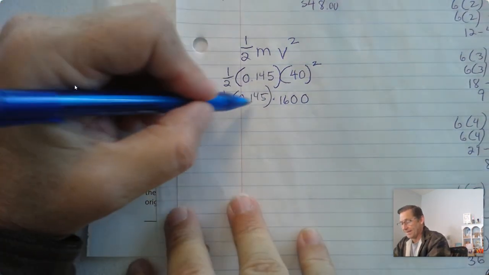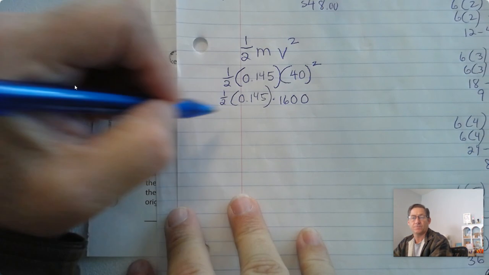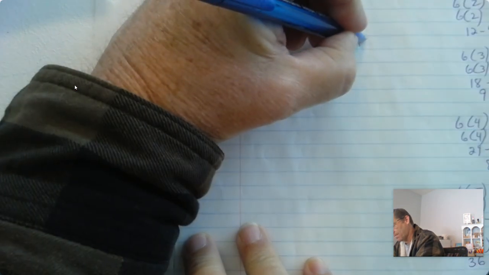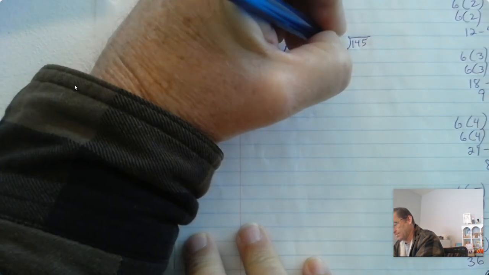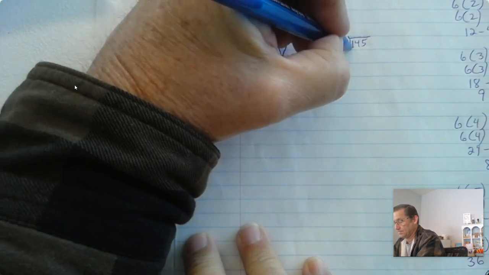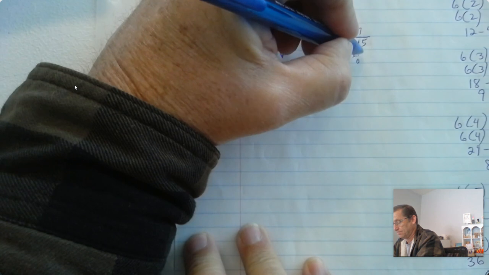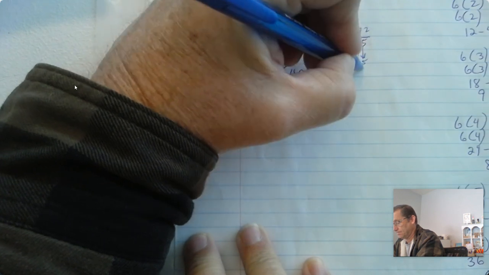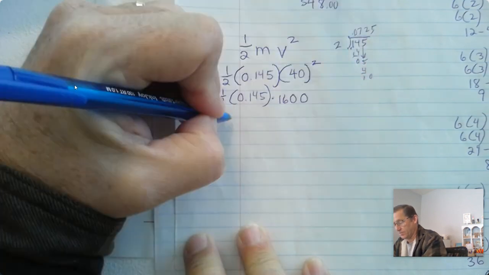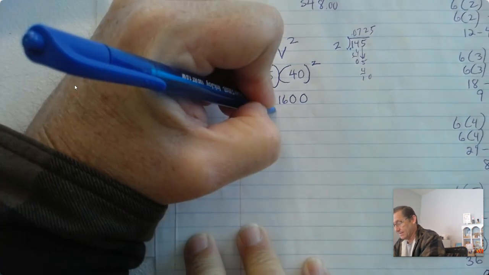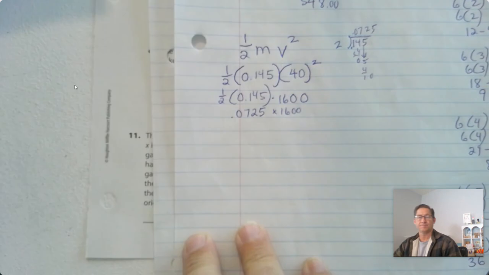Okay, well, we can take half of 145 thousandths. So okay, so we're going to get 0.0725 times 1600.